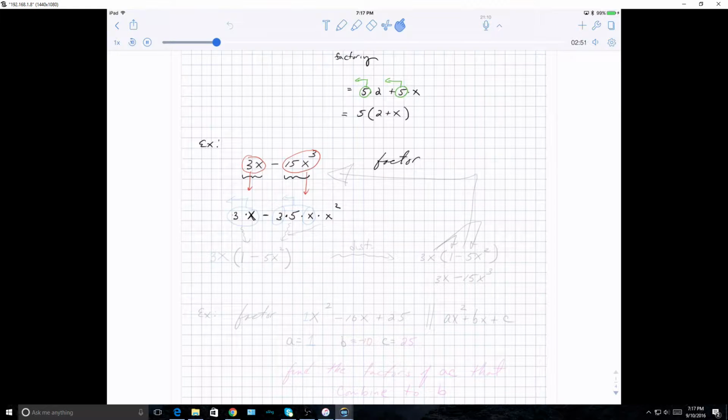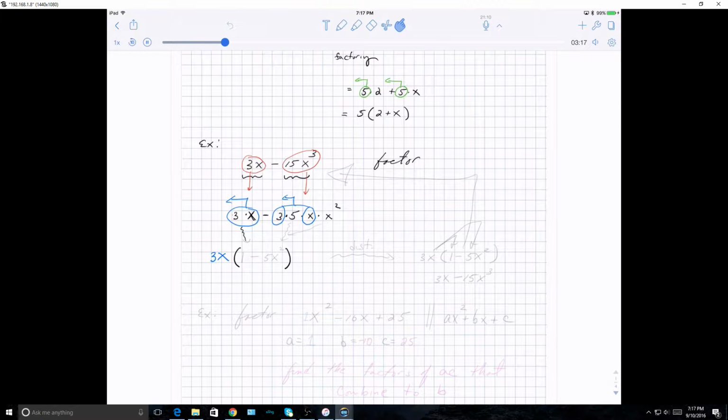So in this case, we can clearly see that in both cases, a 3 and an x are common. So what we'll do is we will factor those out. So we'll have the 3x outside the parenthesis now, and then whatever is left over.